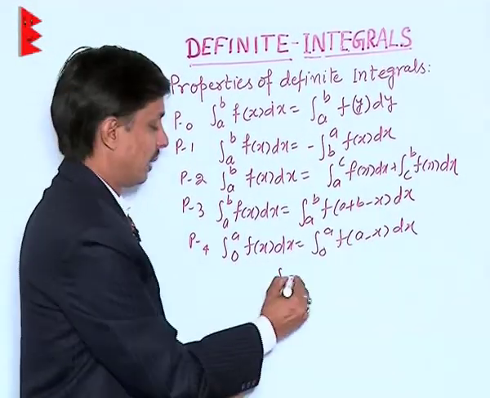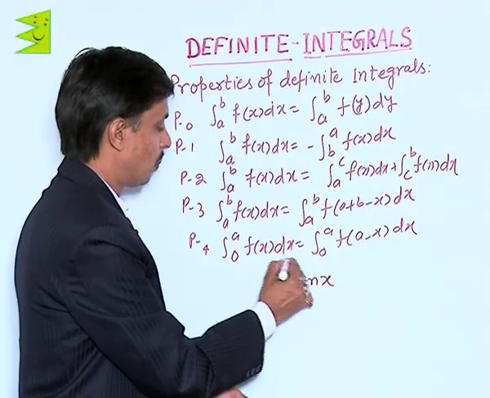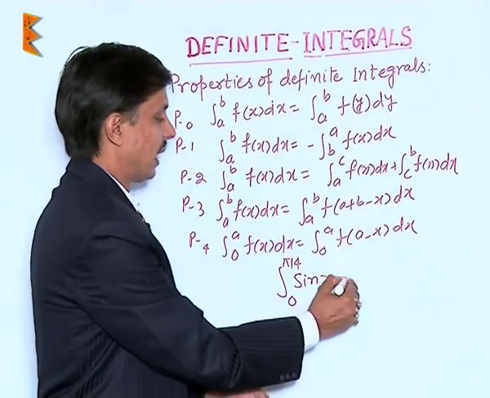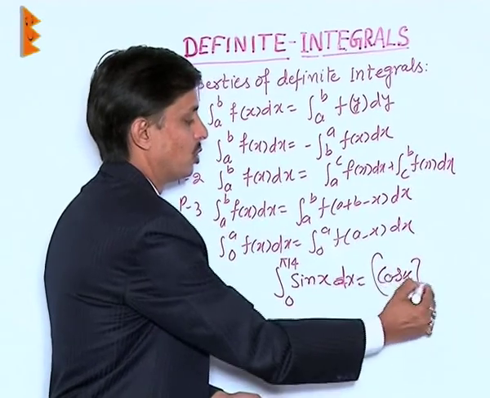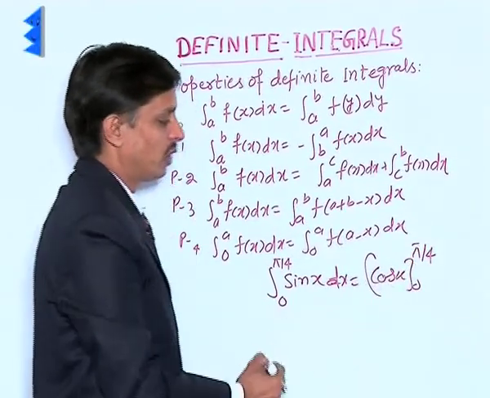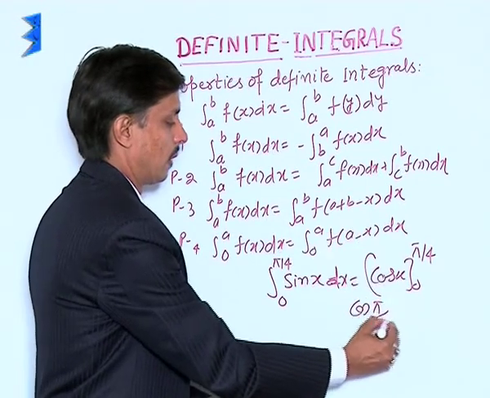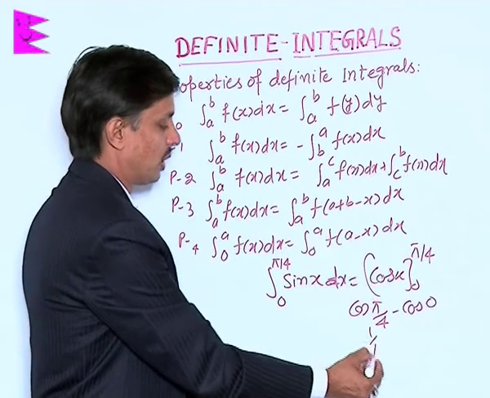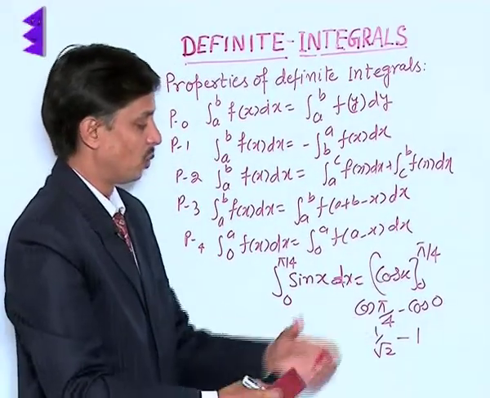Suppose we have sin x from 0 to pi by 4. What is the answer of the integral of sin x dx from 0 to pi by 4? It equals cos x from 0 to pi by 4, which we can say is cos of pi by 4 minus cos of 0. Cos pi by 4 is 1 by root 2 and cos 0 is 1. This becomes 1 by root 2 minus 1.